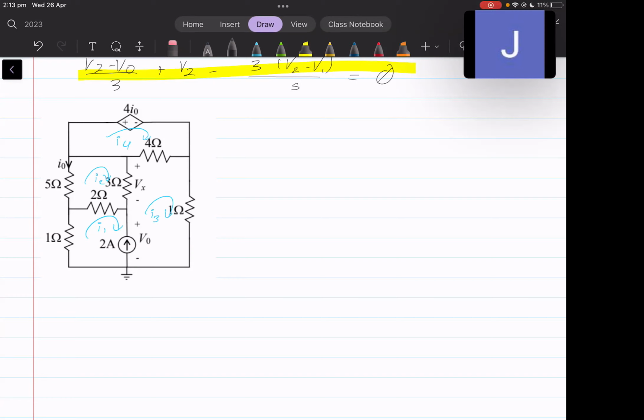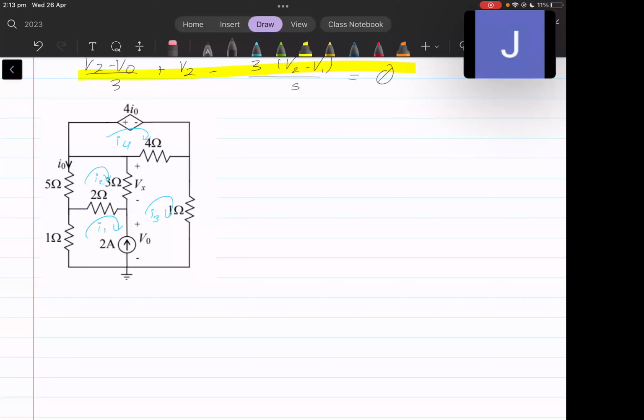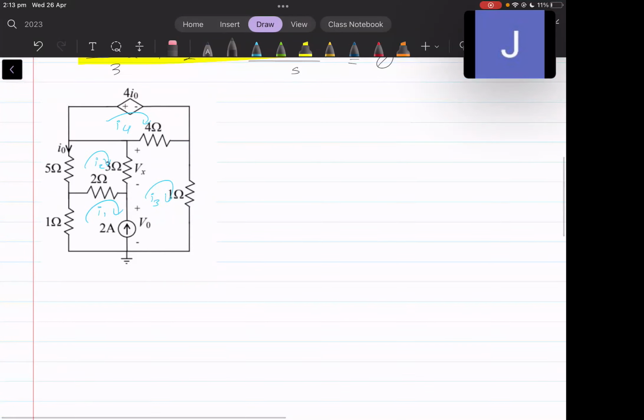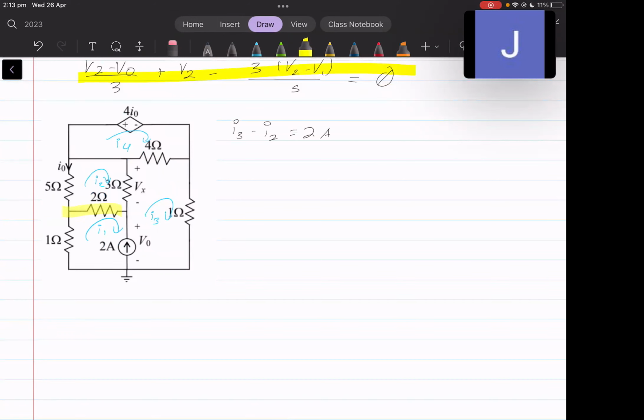Can anyone tell me where they think the supernode is going to be, or super mesh? So again, whenever we have a current source for meshes or a voltage source for nodal, that's going to make our super mesh, because we know from the 2 amp source that I3 minus I2 is equal to 2 amps, just by looking at what's flowing into that and what's coming out. And so because we know that, we don't have to write 2 equations for this and then a second one for that.